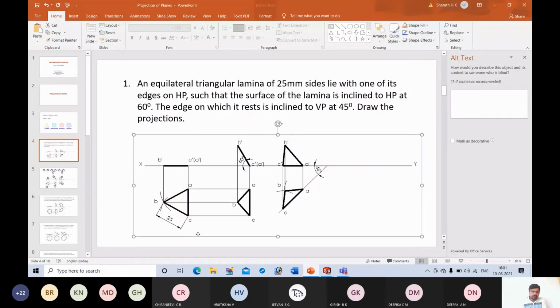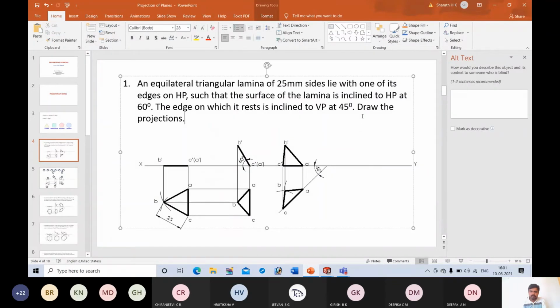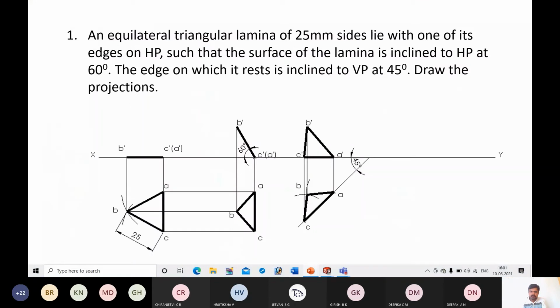So as I told you, for drawing the front view, this is the observer position. C is nearer to the observer, so it is visible.